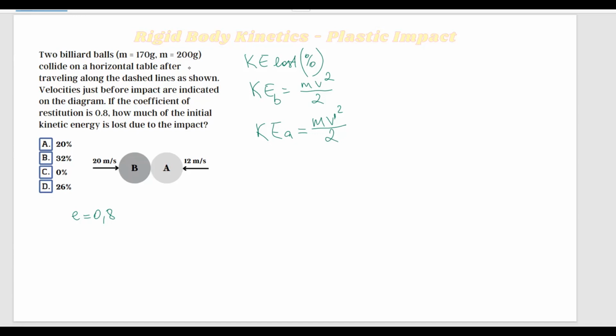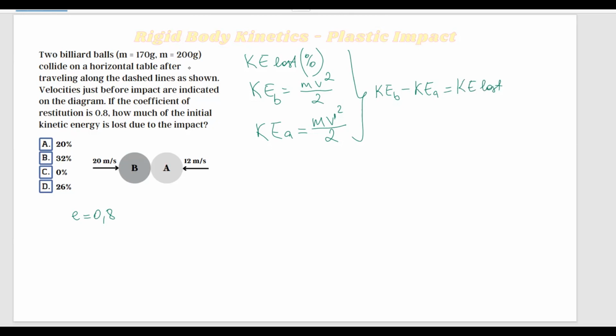And then in order to calculate the kinetic energy lost, we're going to subtract before and after, and whatever is left, that's going to be the loss. So kinetic energy before impact minus kinetic energy after impact equals kinetic energy lost.